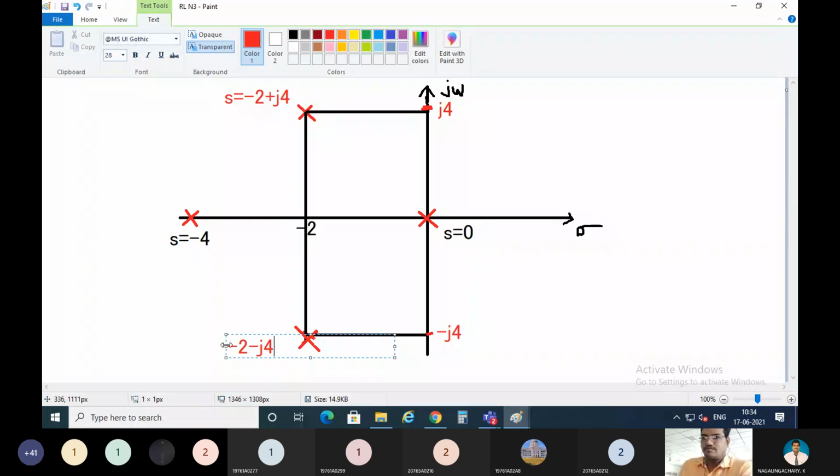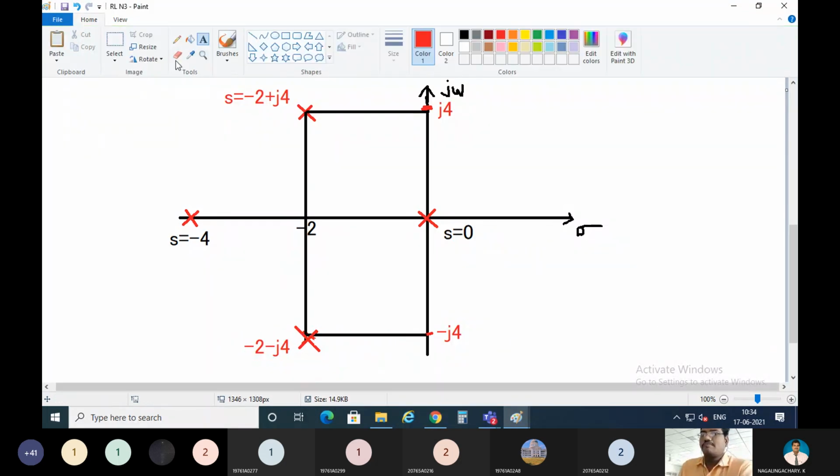So 4 poles. This is the way you can indicate it, with S equal to 0 and S equal to minus 4. So like this we can represent the open loop poles.